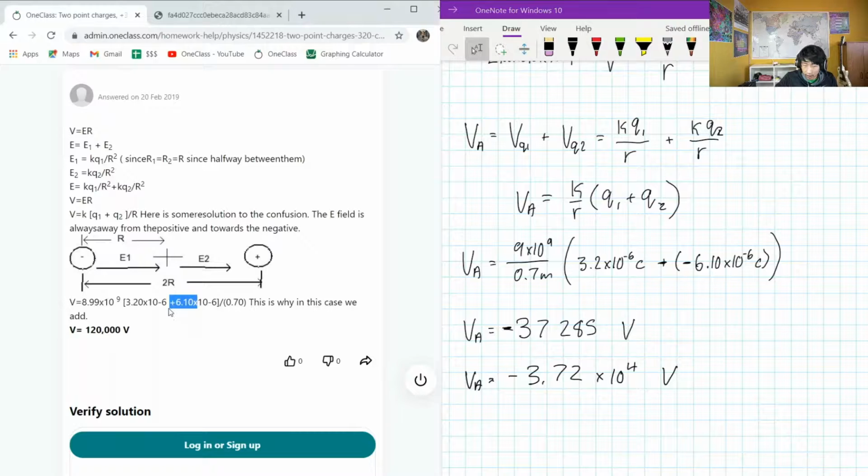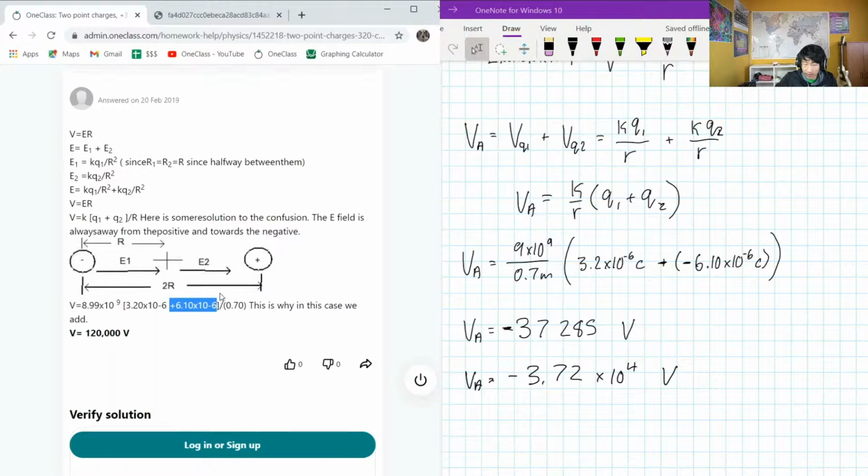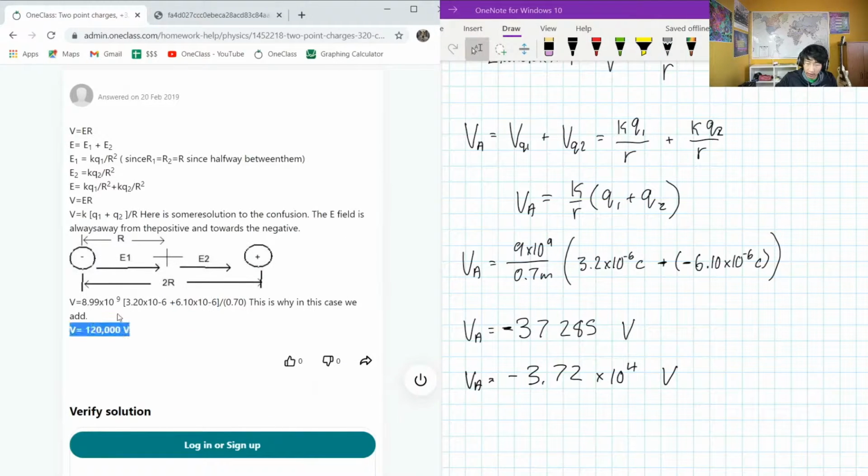The issue here is that that should be negative, right? The original charge here was negative, and that was not included here, so this answer is unfortunately inaccurate. So a better solution is negative 37,000 volts, or 37.2 kilovolts. You can write that as well. Negative 37.2 kV. Okay, cool. So that would conclude this question.